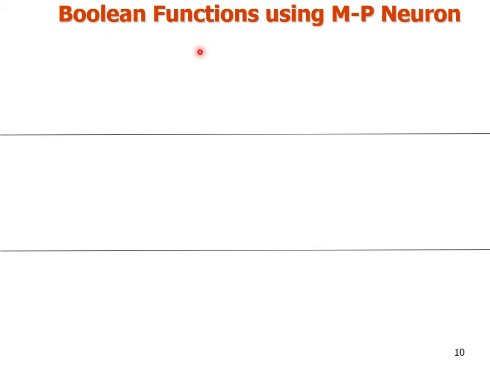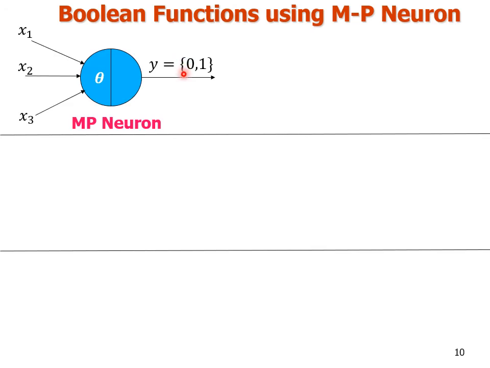So let us once again see our MP neuron model with 3 inputs. Here x1, x2, x3 are the inputs, and we have a threshold theta. The neuron finds the sum of the inputs. If this sum crosses the threshold theta, the neuron will fire, otherwise it will not fire.